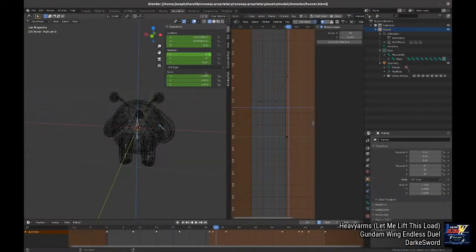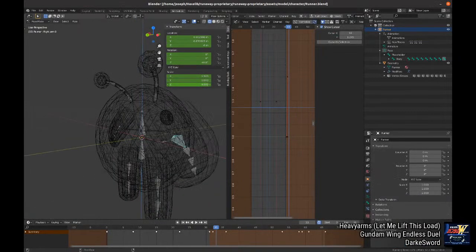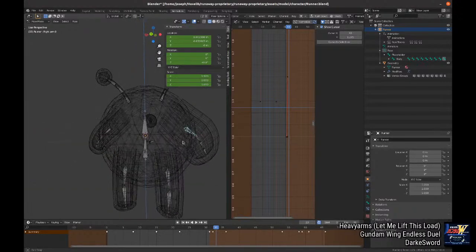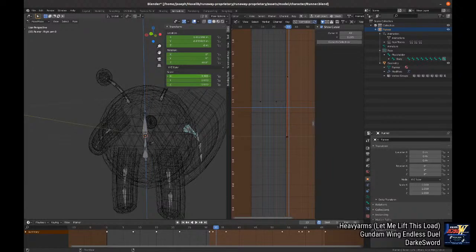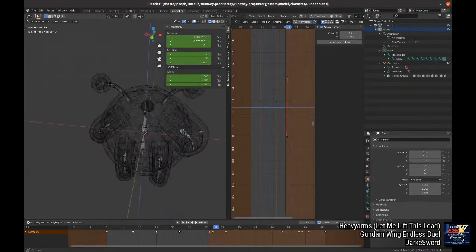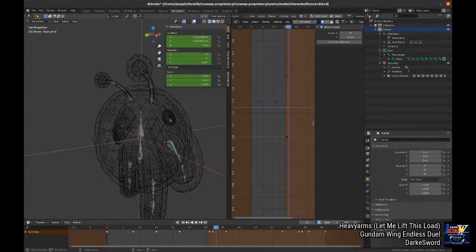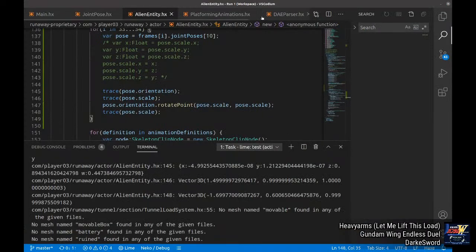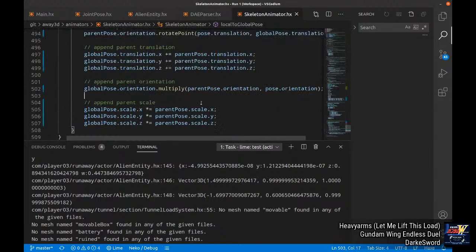So rotating around the z-axis should not change its z-scale. That's correct. Okay, but I don't actually just want to rotate this. I want the scale transformation to apply differently. Oh.